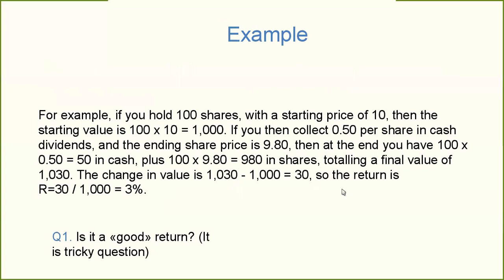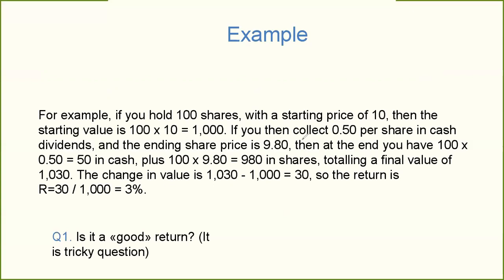And a little example. Maybe I would like to take a pen. So if you hold 100 shares with a starting price of 10, then the starting value is 100 multiplied by 10. It is clear, 1000.